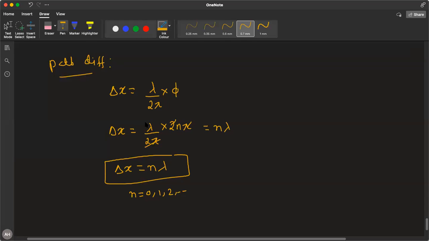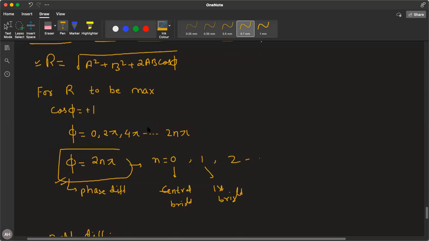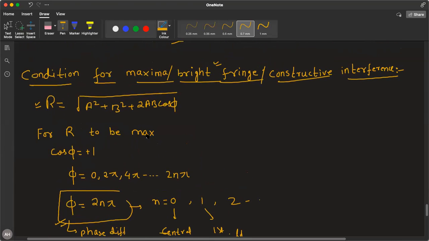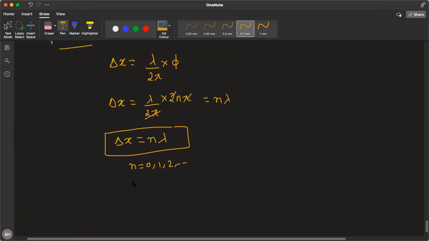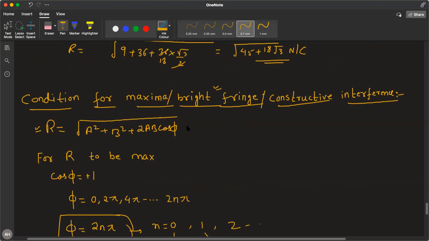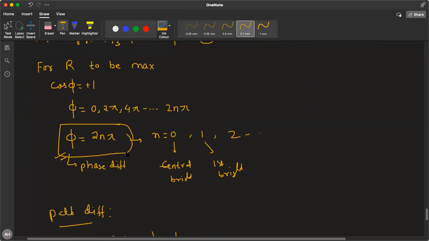Okay, so now you know that for the maximum amplitude or the bright fringe, your phase difference should be 2n pi, and your path difference should be n lambda. Now we need the value of maximum amplitude. Let's call this equation 1.